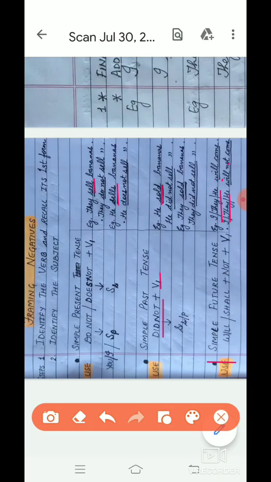So when you find a verb in V1 form, that is sell, the negative will be formed using do not plus V1. And if your verb is sells, the negative in simple present tense is framed by using does not plus V1.